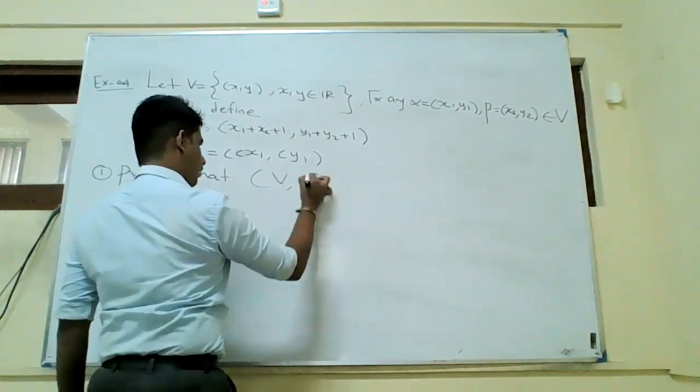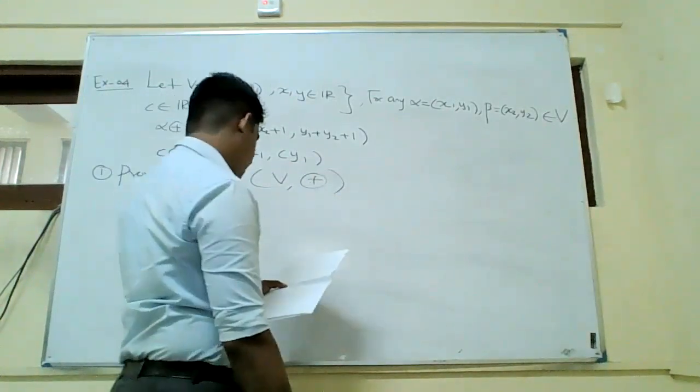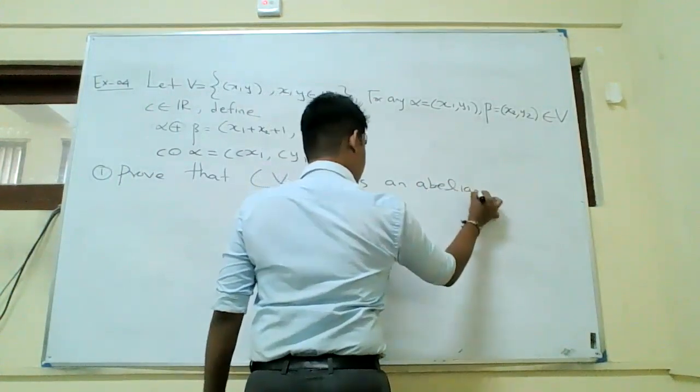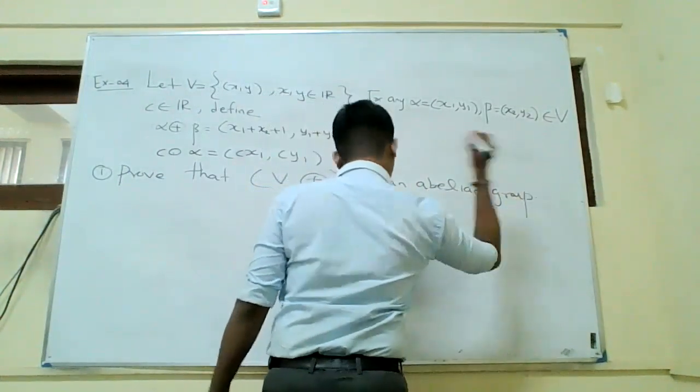B with vector addition is an abelian group.